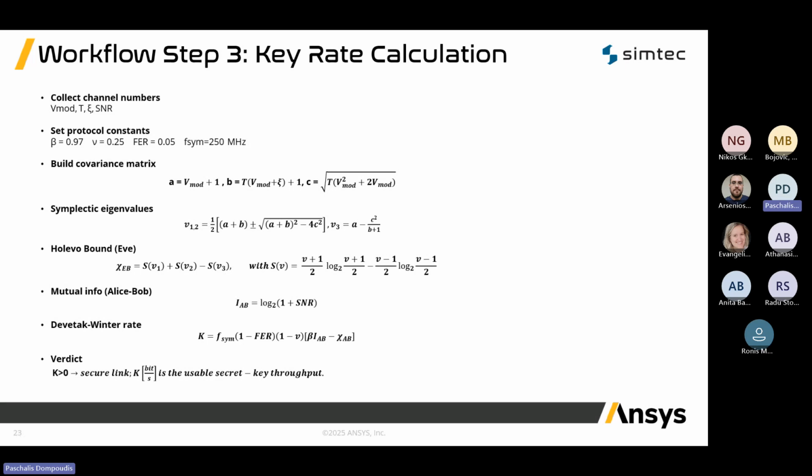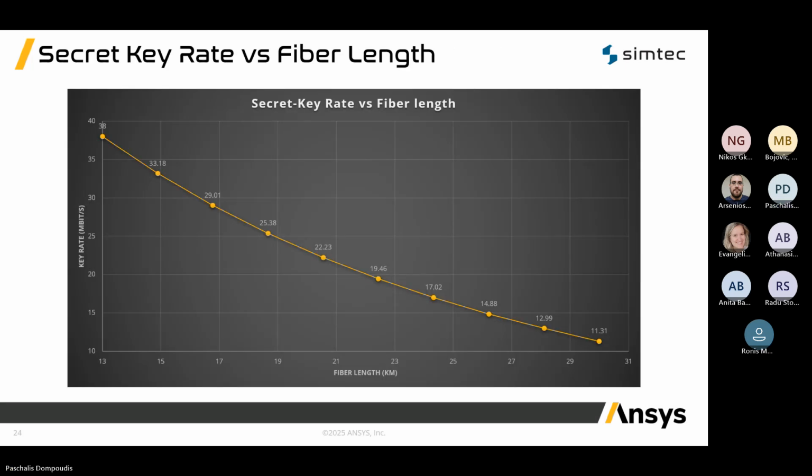If we would like to interpret this formula, if that bracket ever turns negative, the protocol actually halts, because Eve could know more than Bob. When it's positive, multiplying by the values that we already know about the parameters, we calculate a 38 megabit per second key rate over the 13 kilometers of our fiber.